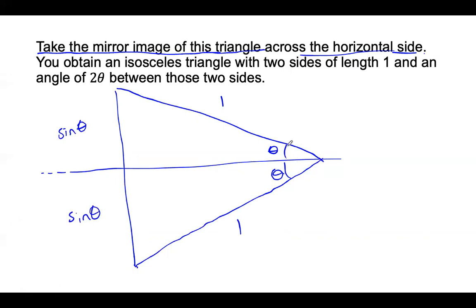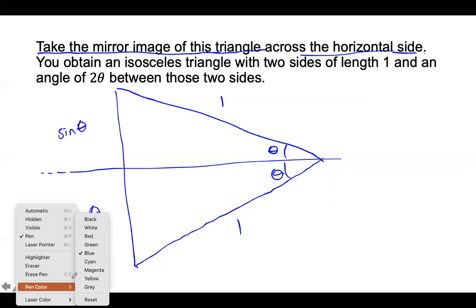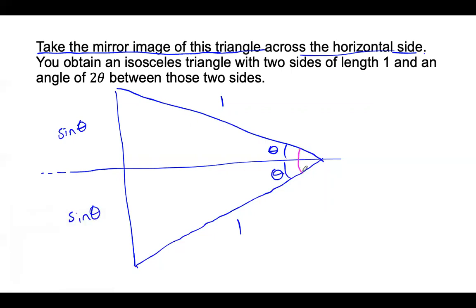So we see here we have, I'll just color code it, 2 theta. Of course, we have 90 degrees. So that's all we're doing. We're drawing the same triangle and a mirror image because we're trying to examine what happens when we have this double angle.